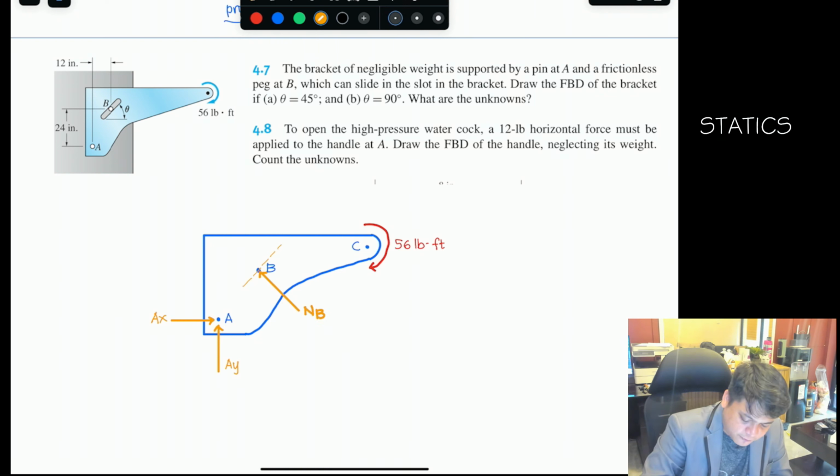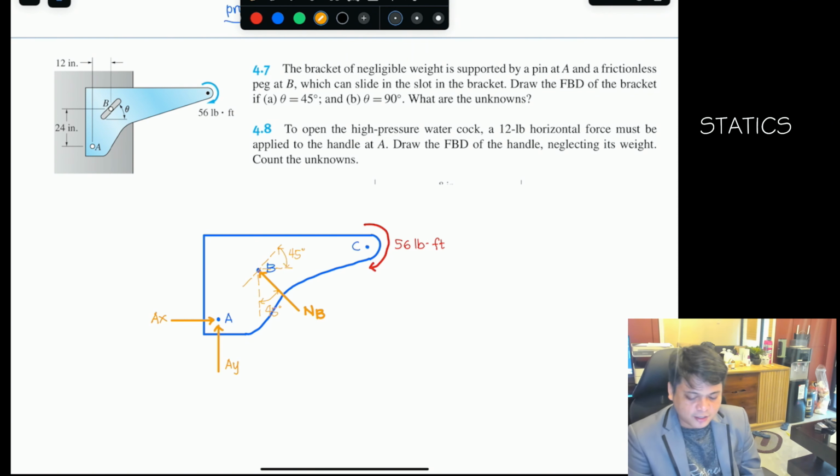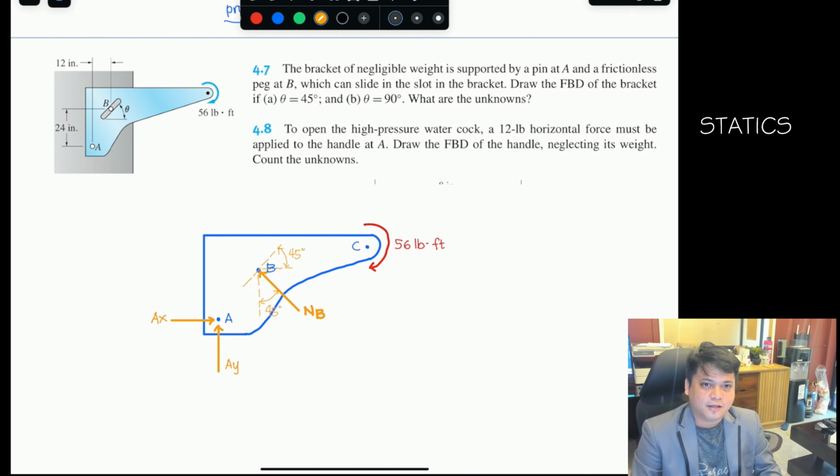And if this is a 45 degree angle with the horizontal, magkakaroon siya from the vertical, that is now 45 degrees also. Okay? So, now, ang mga unknowns natin, AX, AY, and NB. Okay? So, ganun lang po yung 4.7a. Okay?